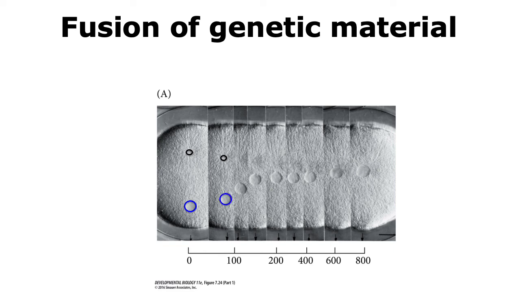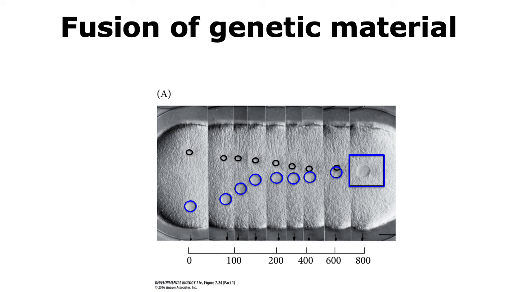Now we can see that as time passes, the male and the female nucleus start moving closer to each other, and this is normally mediated by those microtubules emanating from the centriole. So with time, we can see the egg nucleus and the sperm nucleus going closer and closer until finally they fuse right here.